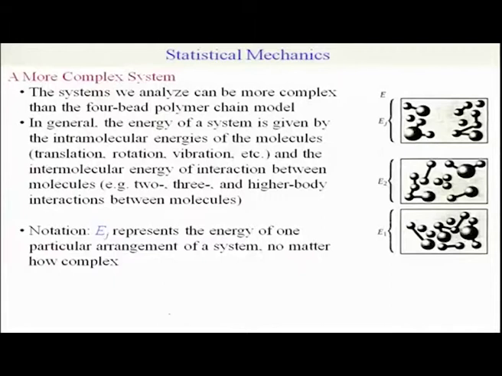We can consider a bit more complex system. The systems we typically analyze can be more complex than the 4-bead polymer chain model. In realistic systems the polymer chains could have many beads, but this is a very simple model for our illustration. In general, the energy of a system is given by the intramolecular energies of the molecules, which include translation, rotation, vibration, etc., and the intermolecular interactions between molecules, such as two-body, three-body or higher-body interactions.